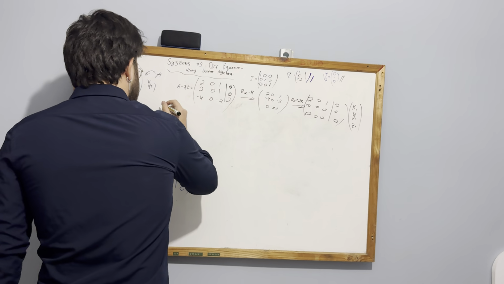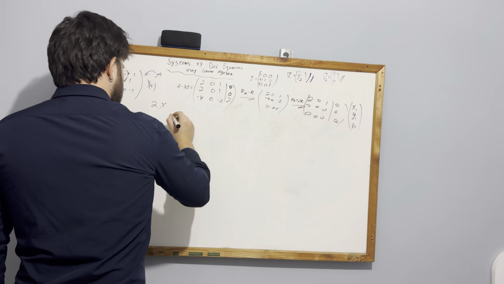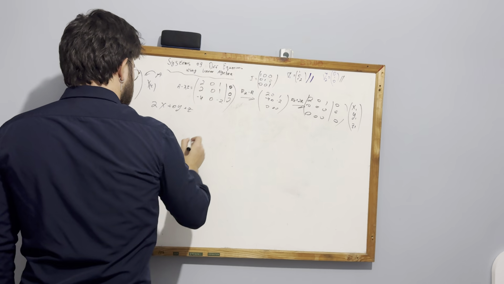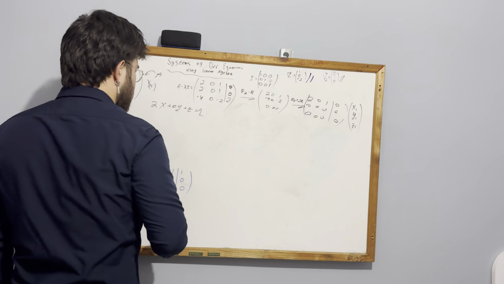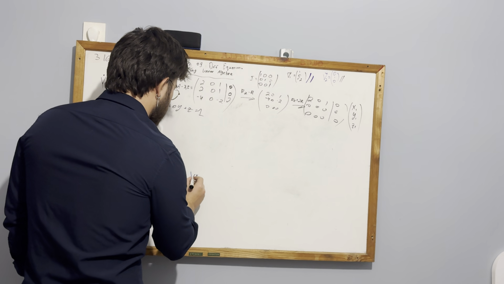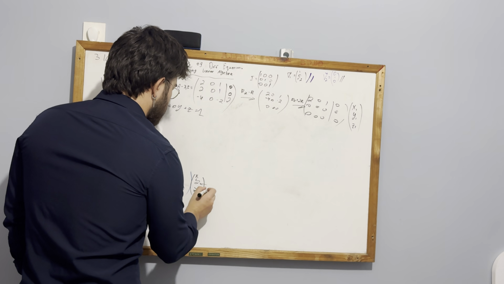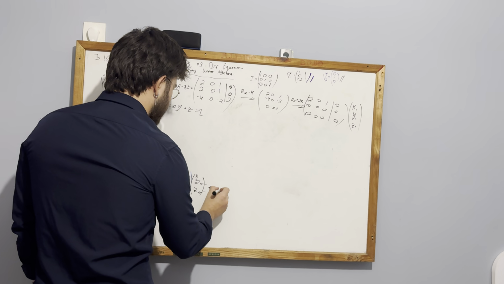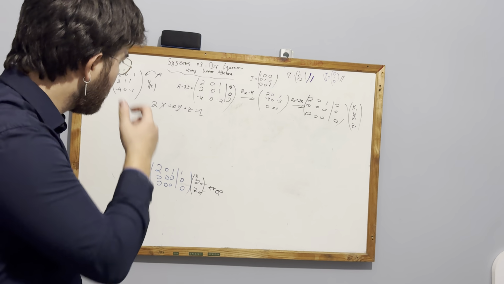So we have 2x plus 0y again plus z is equal to 1. Whilst x, y, and z are free variables. They are free. Okay.